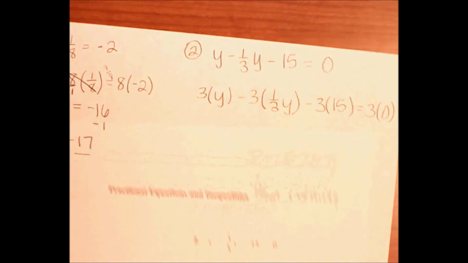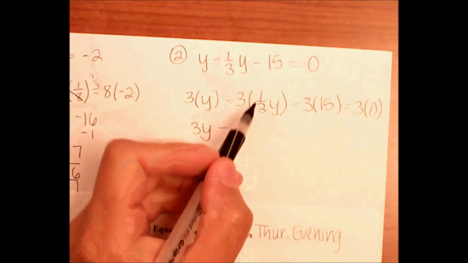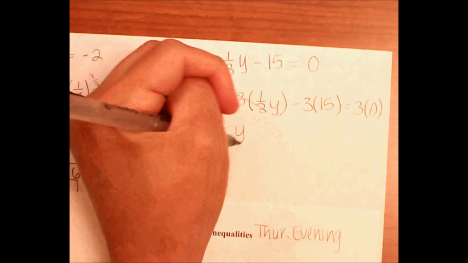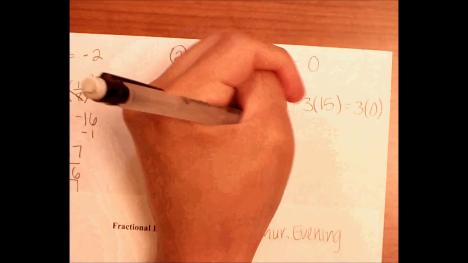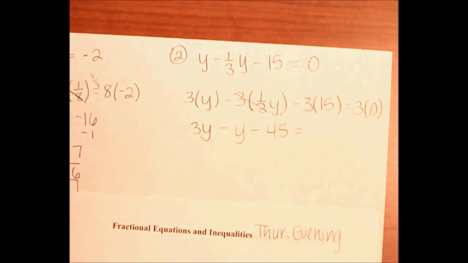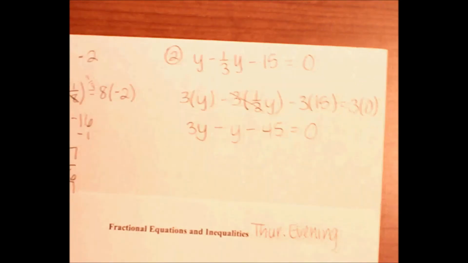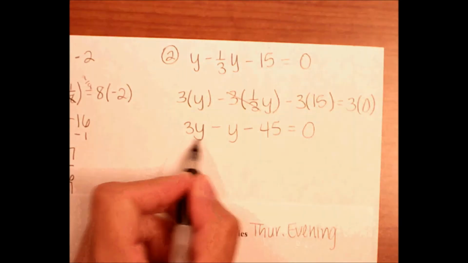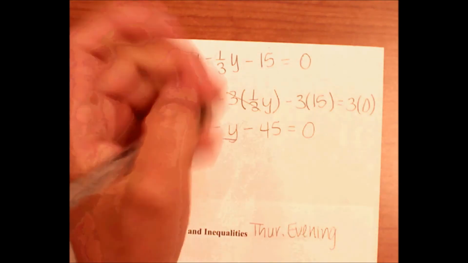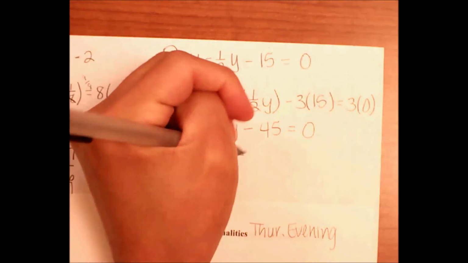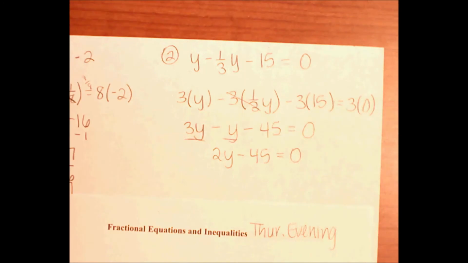Okay, when we do that, we end up with 3y minus y minus 45, and 3 times 0 is 0. At this point, we can combine like terms on the same side of the equal sign. 3y minus y is 2y minus 45 equals 0. Isolate the y.